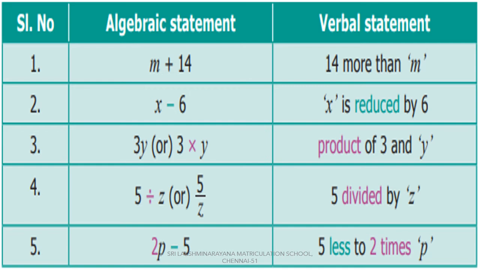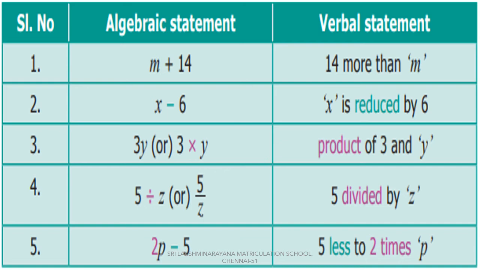And the third one, 3y or 3 into y. If there is no sign between the constant and variable, it is understood to be multiplication. So 3y is the product of 3 and y. We can write it as 3 multiplied by y.